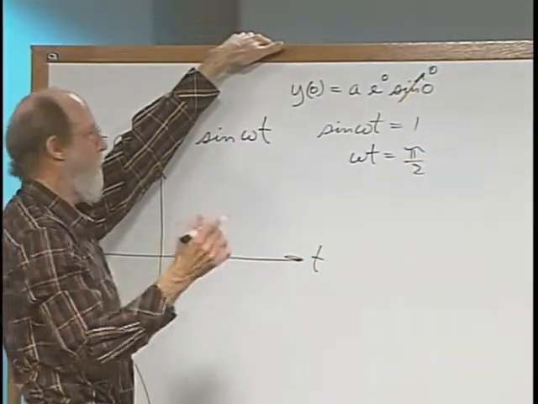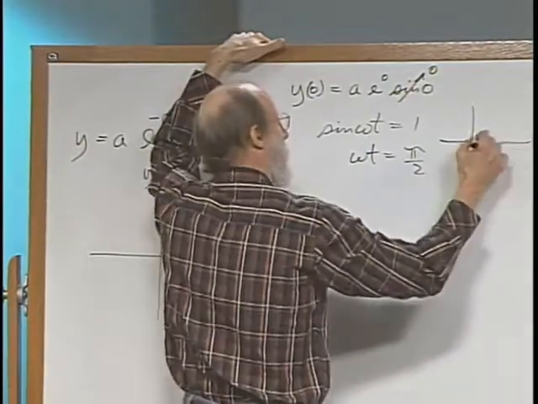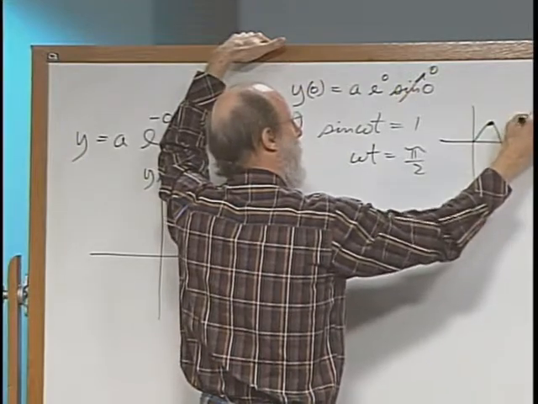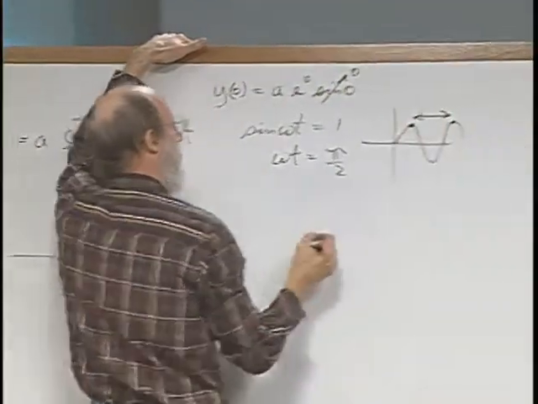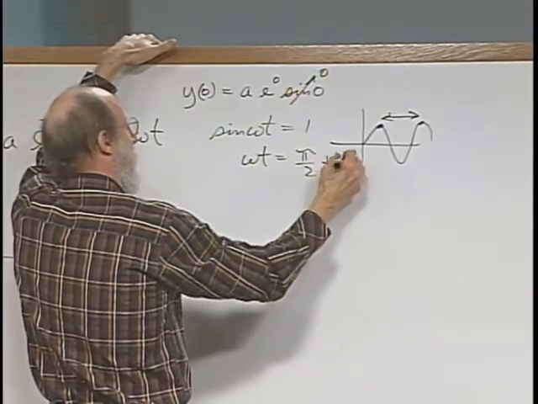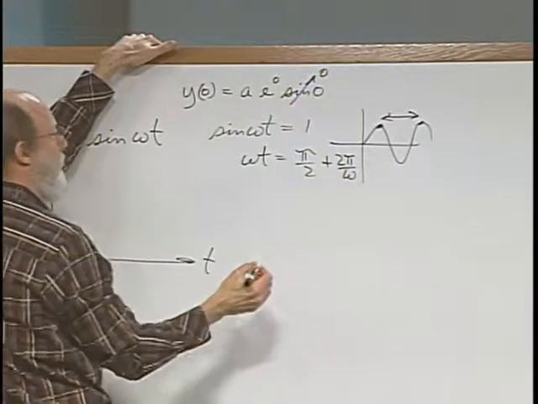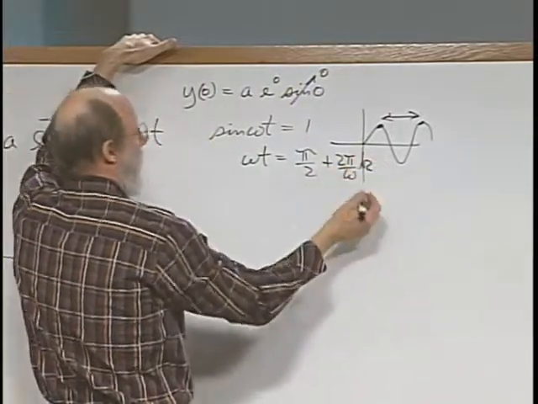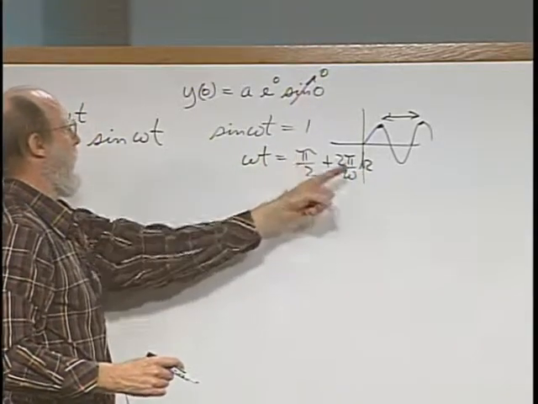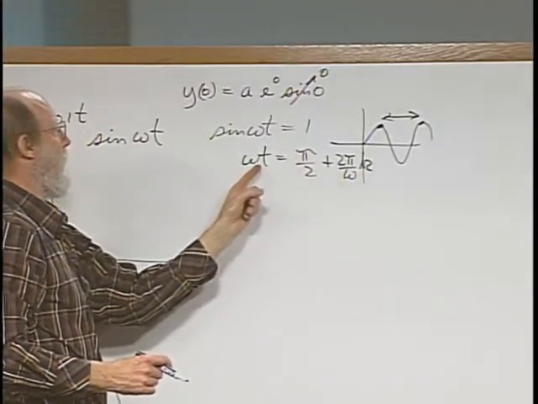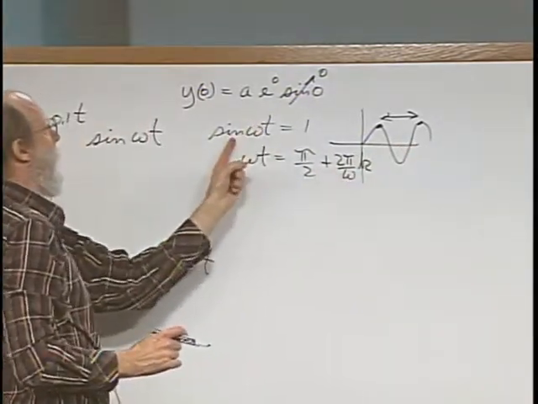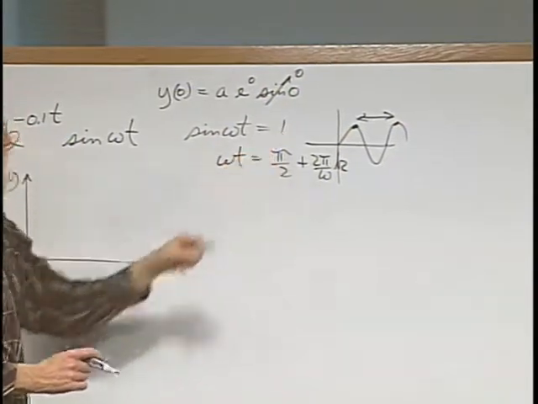Or, as you know from a sine wave, it occurs every period thereafter, won't it? Every period thereafter. So if we added to that the period 2 pi over omega and put a multiplier k on it, like we've done in other things earlier in the course, then this would be finding the values of time at every single location in time where the sine reading becomes a value of 1, its maximum value.